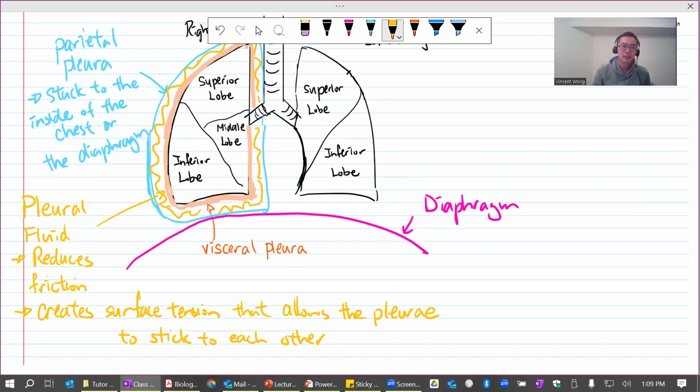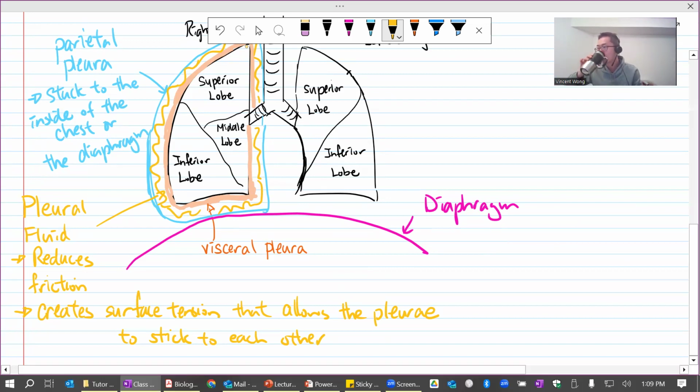It's basically like that. By putting a little bit of fluid between the two layers, now they can stick to each other. Sticking to each other is very important, as you will see, when it comes to breathing. You need the two layers to stick together. If they don't stick together, you cannot breathe. We're going to talk about breathing in a second.